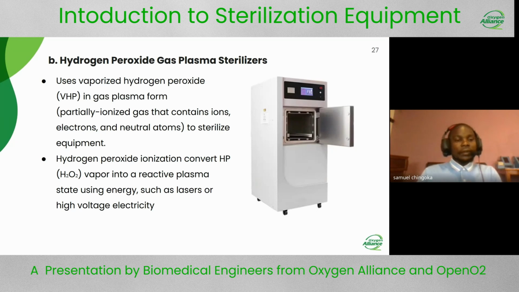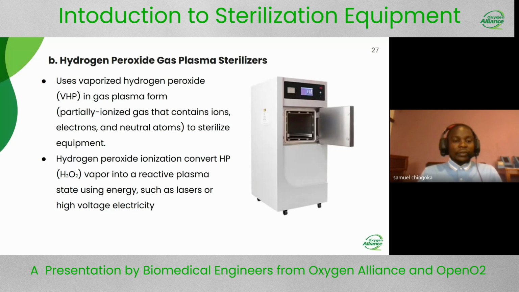Lastly, under chemical sterilization equipment, we have hydrogen peroxide gas plasma sterilizers. Basically, this uses vaporized hydrogen peroxide in gas plasma. Plasma is commonly known as the fourth state of matter, apart from solid, liquid, and gas.